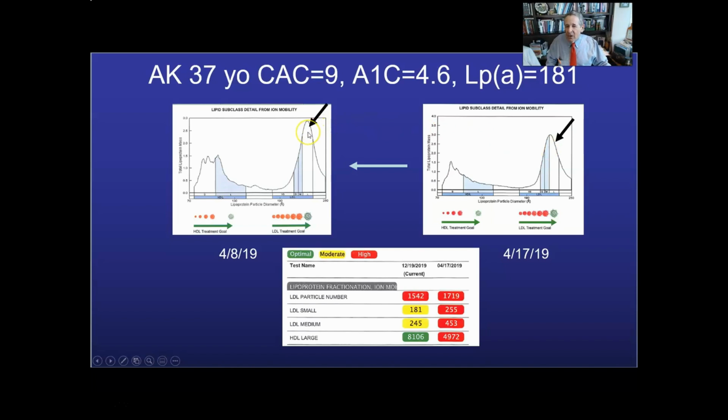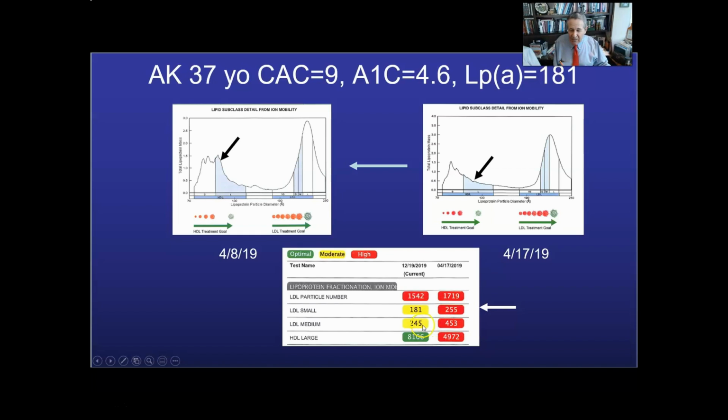And here, with a 30-pound weight loss, he's shifted his spectrum. His large particles are the peak by far. And if we look at his small particles, and this is without statins, without any medication, they went from 255 to 181.